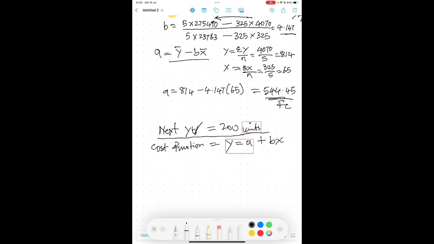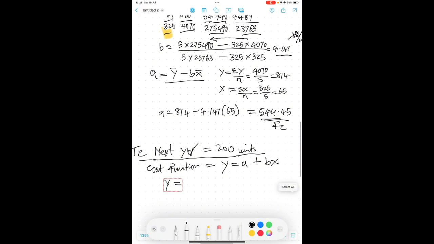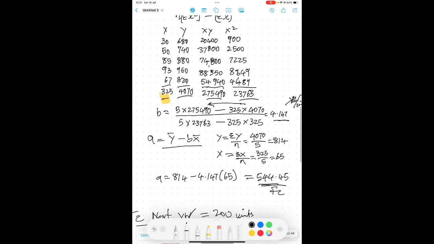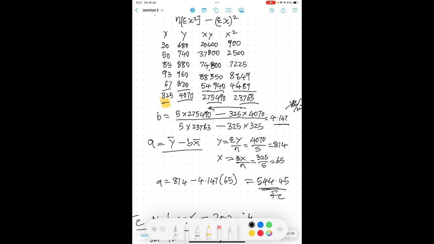The examiner is asking you, what will be your total cost next year if 200 units were produced? So it's as simple as saying y is what they're asking me, I don't know. But A is my fixed cost, whatever it was in the previous year, assuming the question we just saw refers to the current year.